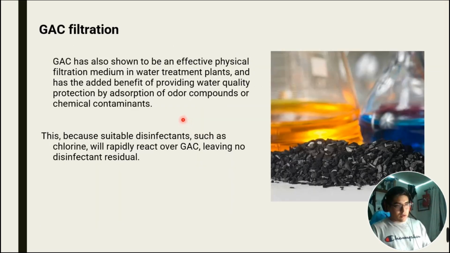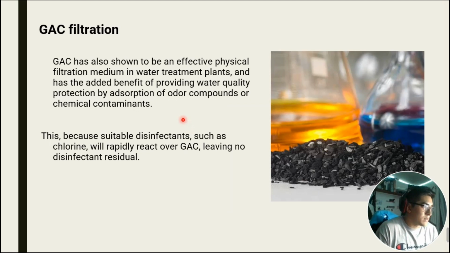So next, GAC filtration. GAC has also been shown to be an effective physical filtration medium in water treatment plants and has the benefit of providing water quality protection by absorption of other compounds or chemical contaminants. This is because suitable disinfectants such as chlorine will rapidly react over GAC, leaving no disinfection residue.